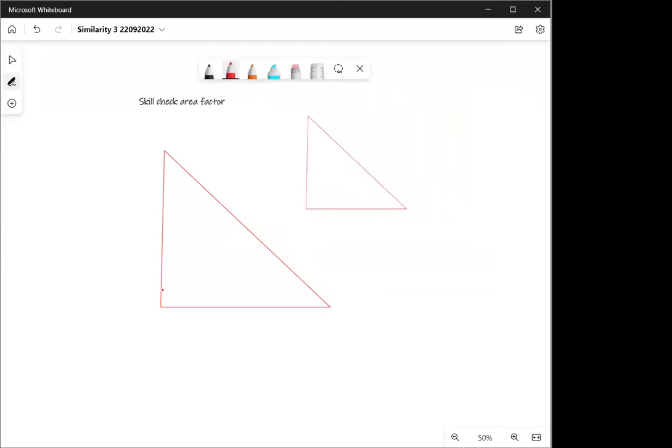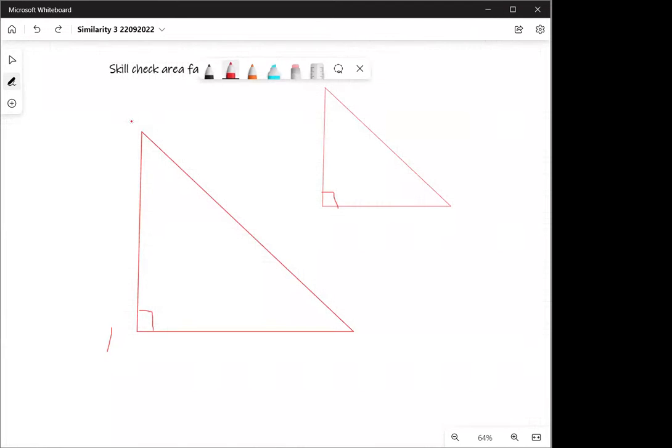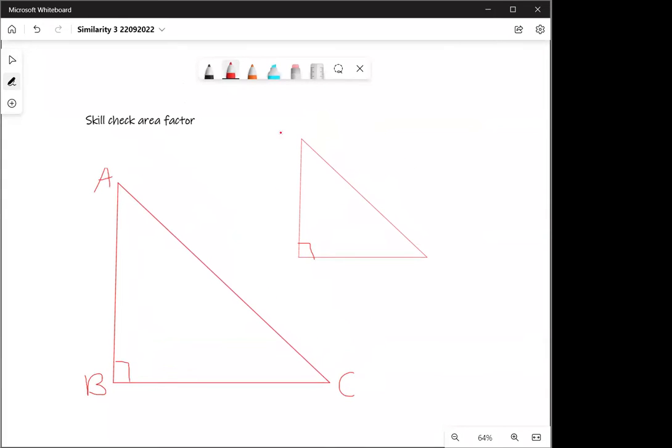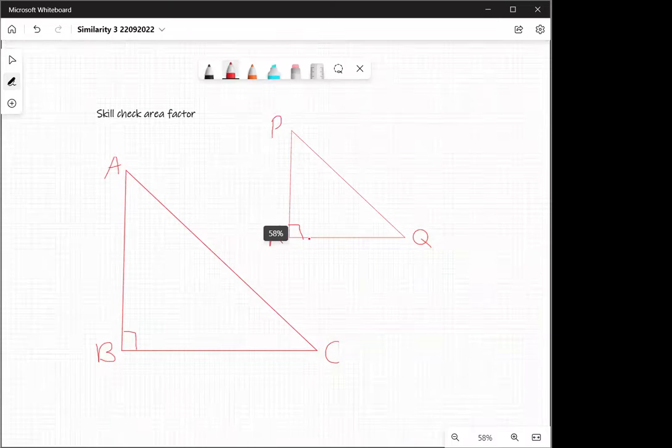Both of these are 90 degrees. A, B, C, P, R, Q. Now you know that, let's say this area right here is 60 cm square.